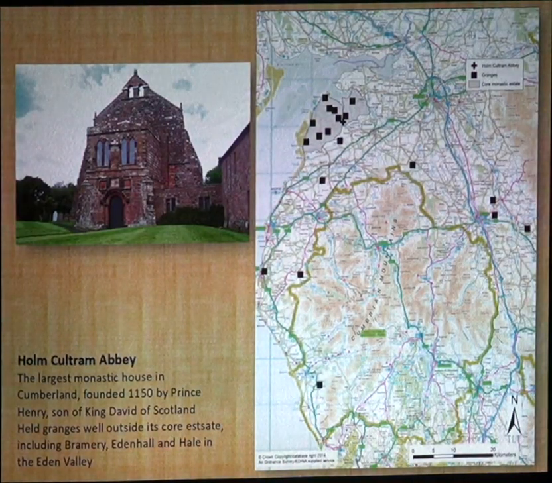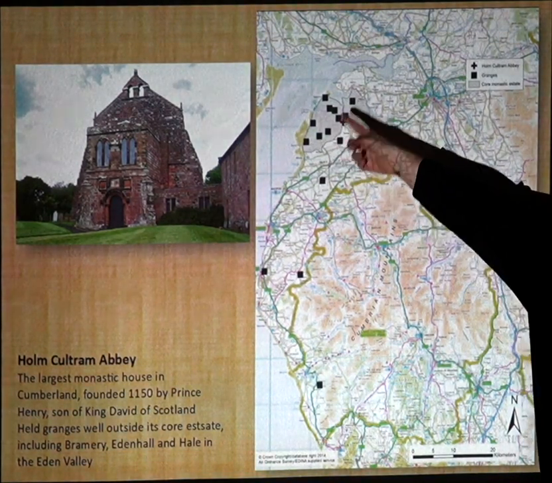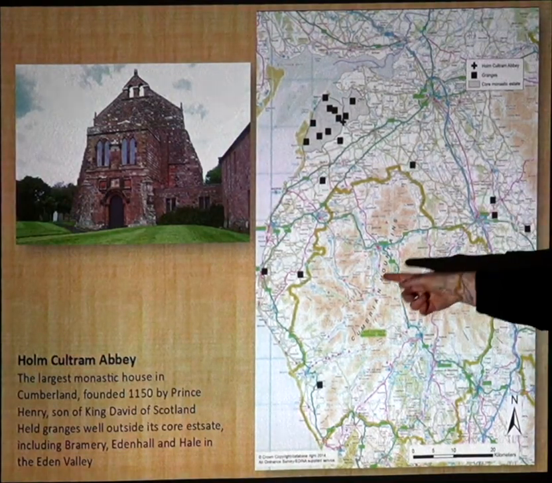Okay, so up there on the northwest coast, it's interesting because it was actually founded by King David of Scotland when Cumberland was actually part of Scotland, or had gone back to Scotland. It was granted a lot of land, and it established granges or farms that were outside the monastic centre, across its core holdings here, but also across the county.